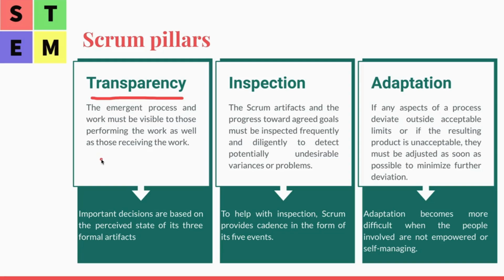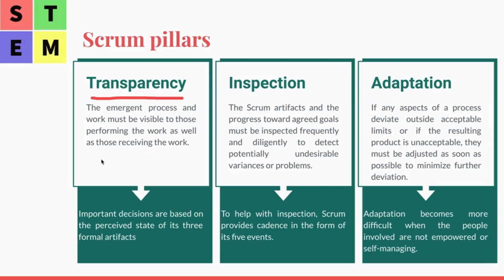Everything is visible and transparent. When there's an issue, the Scrum team will share it with the business stakeholders, so a joint decision will be made to solve the issues if that requires business stakeholders to help with input or decisions.